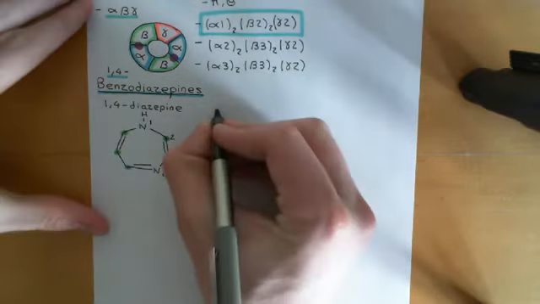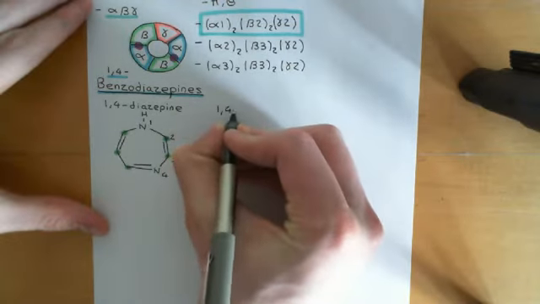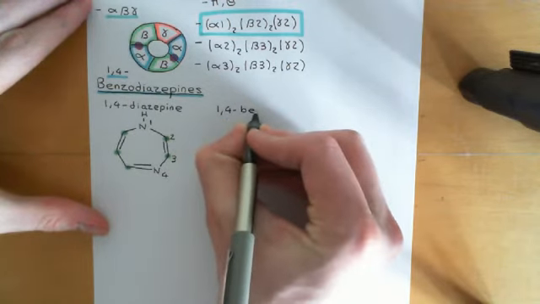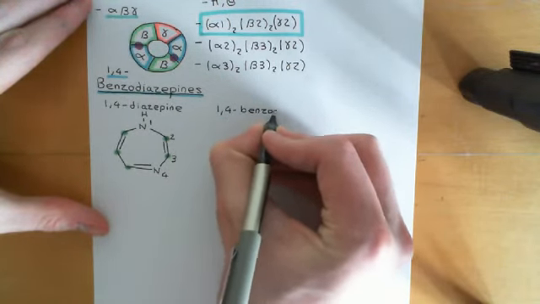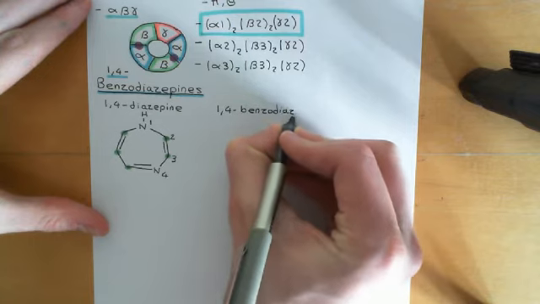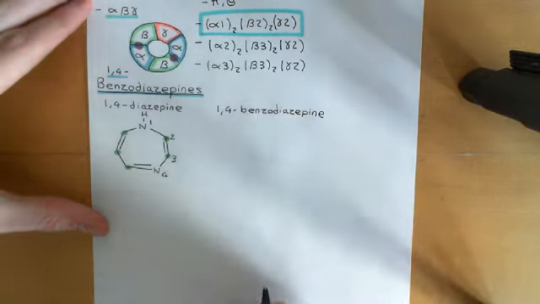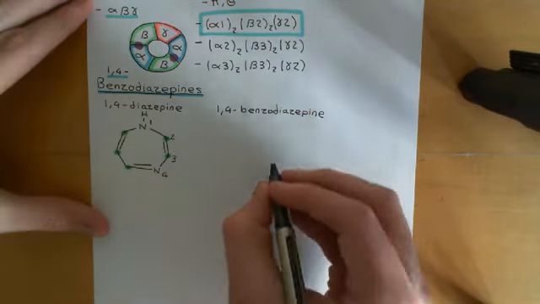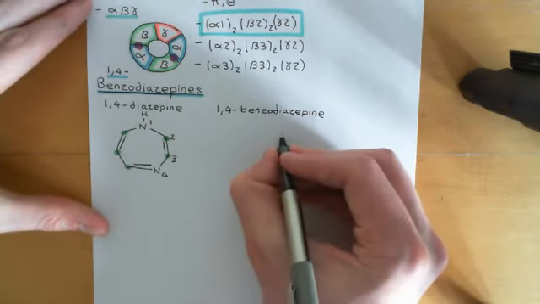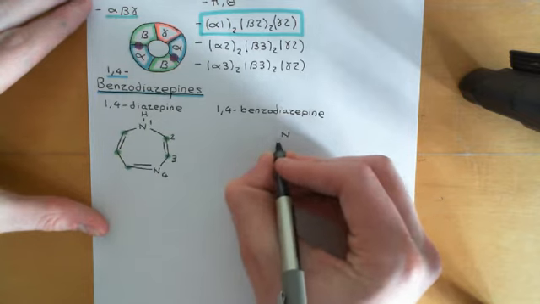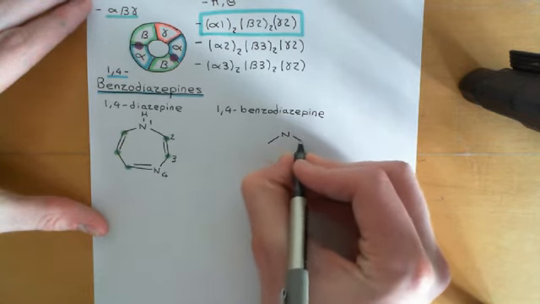How do we turn this into the 1,4 benzodiazepine structure, which is the structure that's going to be in all of these drugs that are used to treat anxiety and insomnia and which work on GABA A receptors? So first I just need to copy out my 1,4 diazepine ring here.